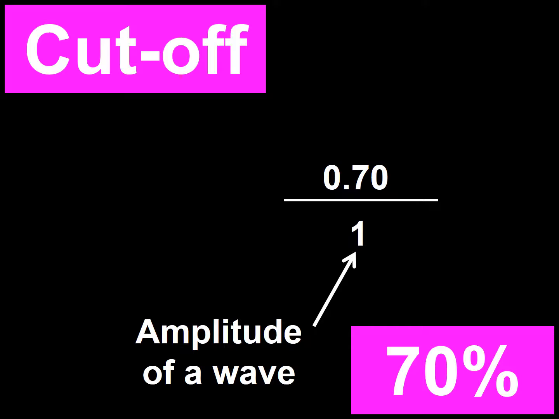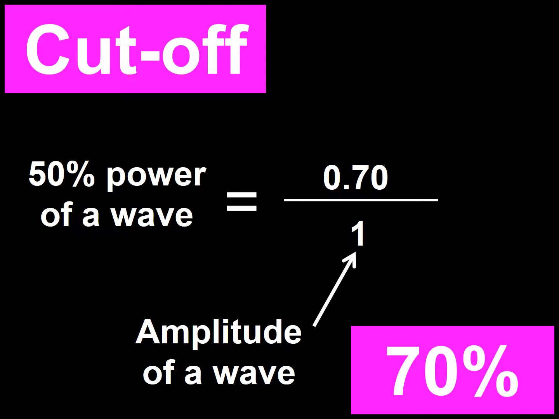The cutoff of a filter represents the frequency at which the amplitude of a wave is reduced by the filter to 70% of its original size. So a filter that reduces a 100 microvolt 1 Hz wave to 70 microvolt is labeled a 1 Hz filter.